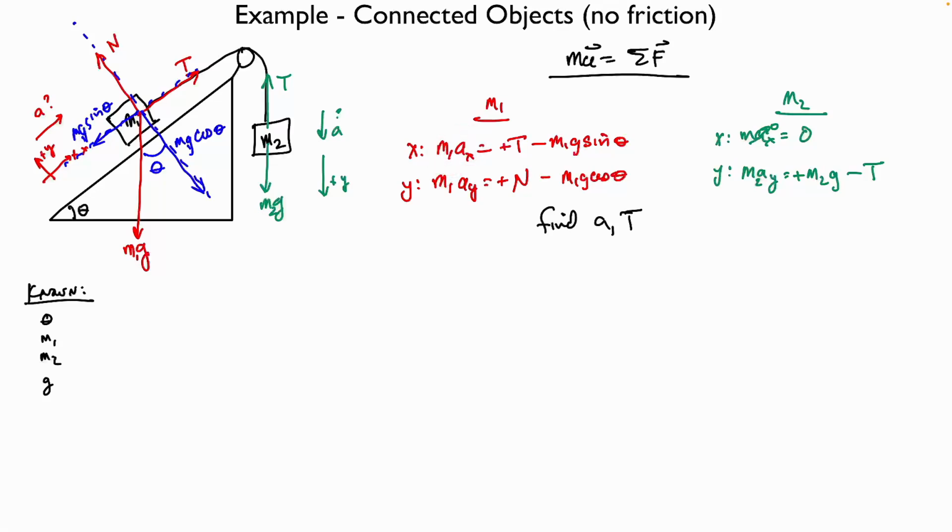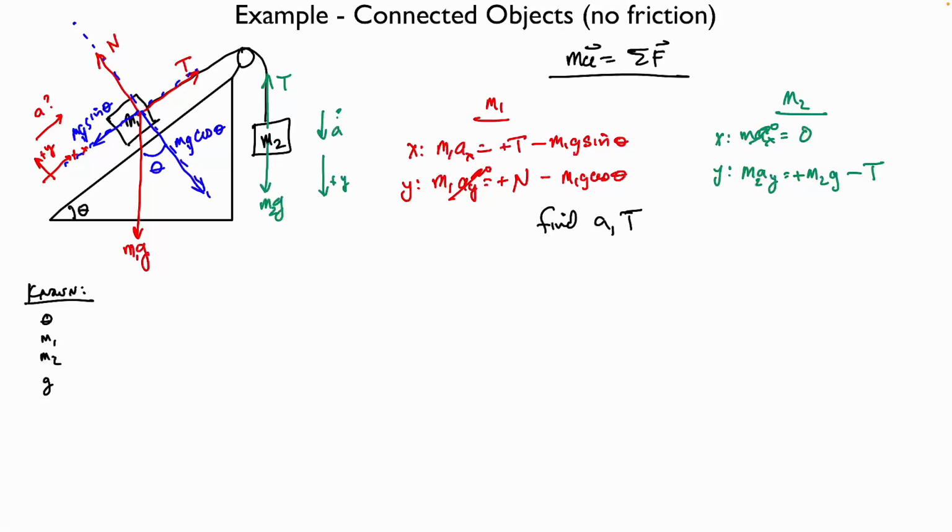m1ax, that's unknown. m1ay. Actually, we do know something about ay, don't we? For mass number 1. It's 0, isn't it? Why is it 0? We made sure it was 0. How did we make sure it was 0? What rule of thumb did we follow? Always put one of the directions, x or y, in the same direction as your acceleration.